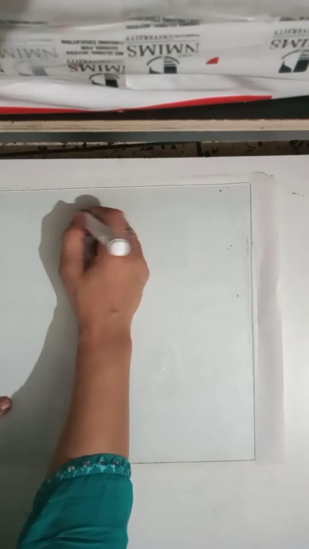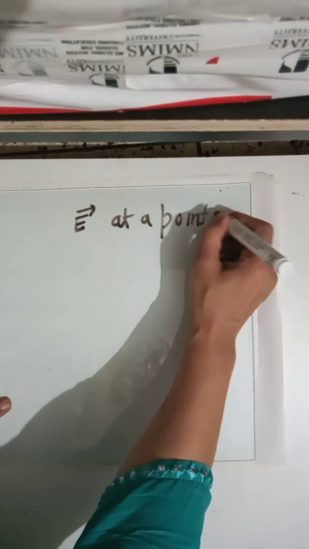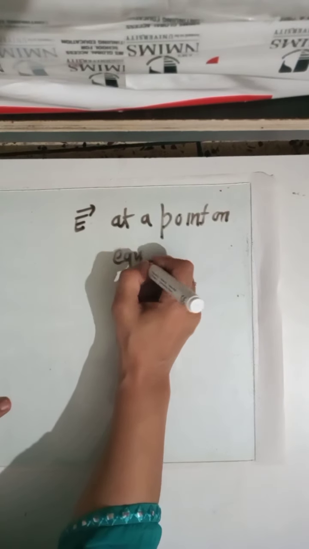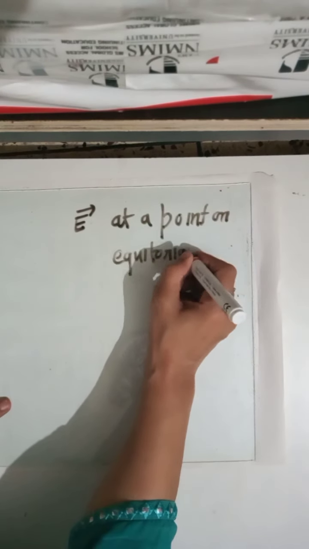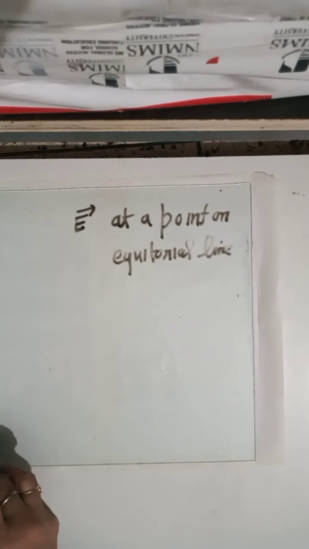At a point on the equatorial line. What do you mean by equatorial line? Equatorial line means a line passing through the midpoint and is the bisector of the axis of the dipole.